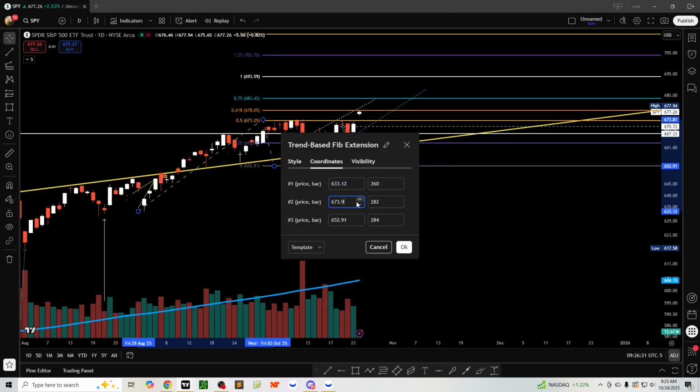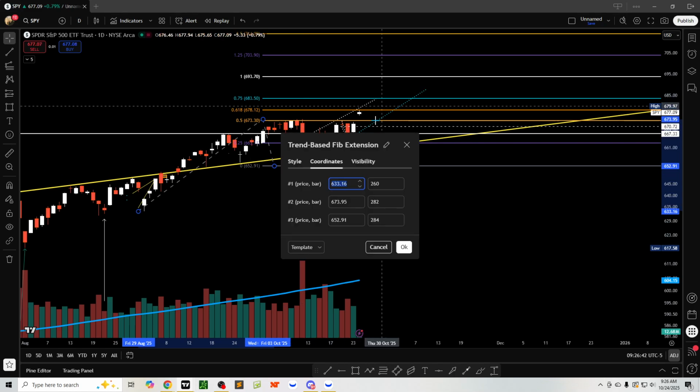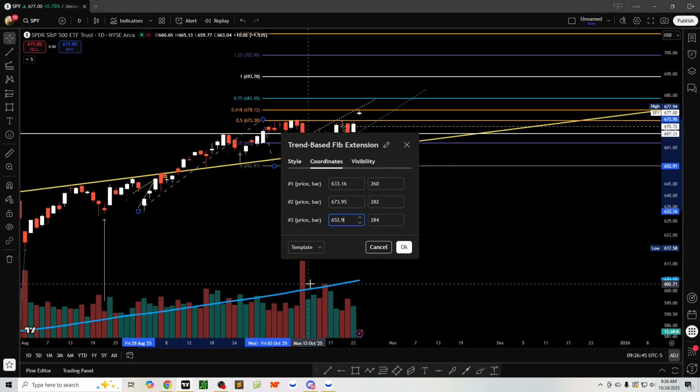I want these to be perfect because a little bit off can kind of mess them up. This low is 633.16. All right, and then this is low of 652.84.